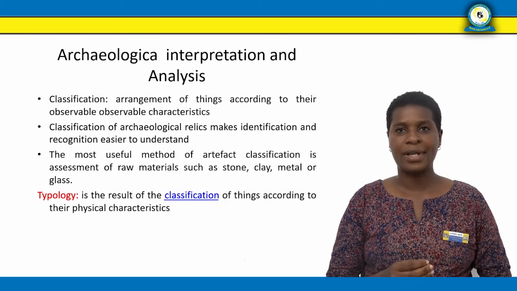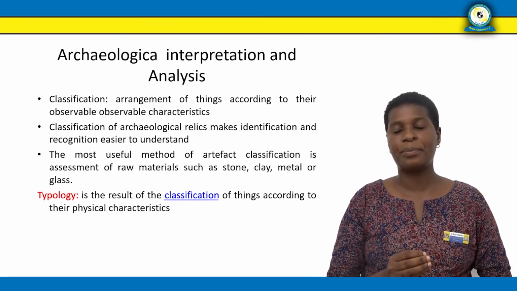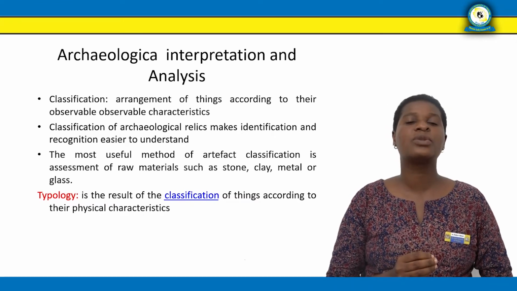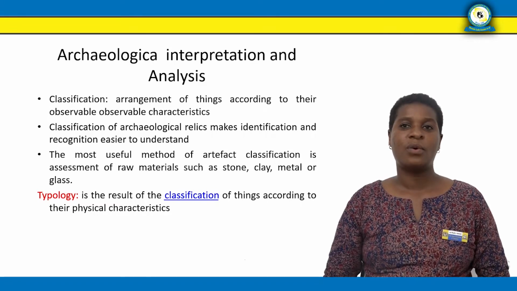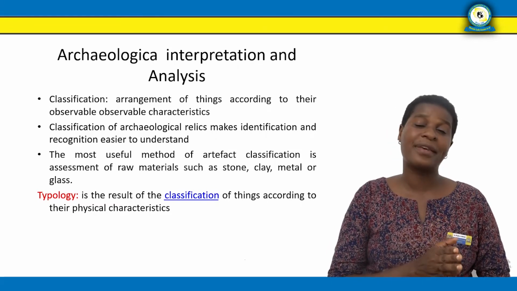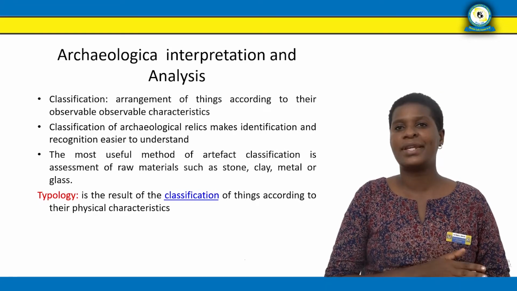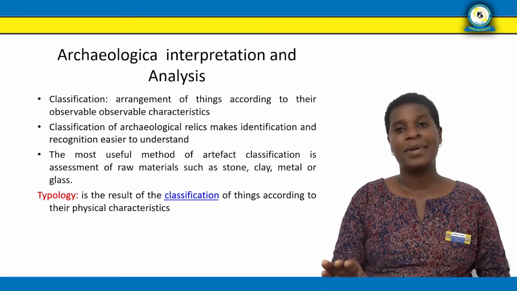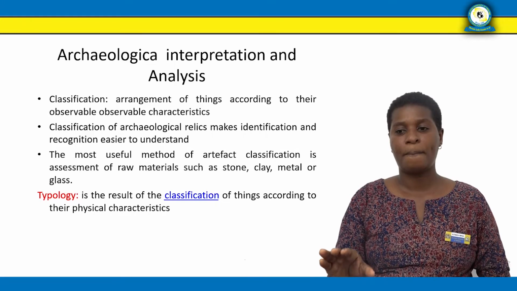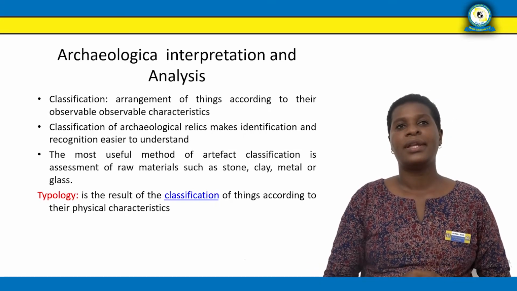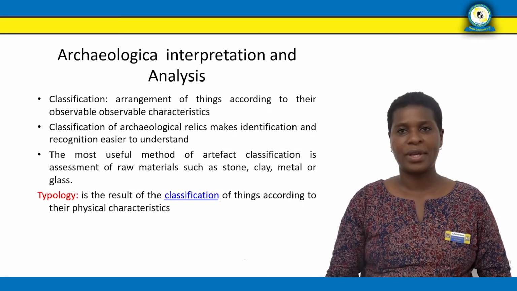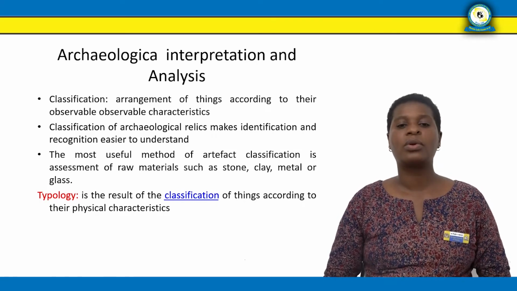So in order to do an effective interpretation and analysis of those materials, the first thing to do is classifying them, or simply, grouping them according to their nature. The metal items have to be together, the lithics, I mean the stones, and the bones have to be together. So that's what you call classification.